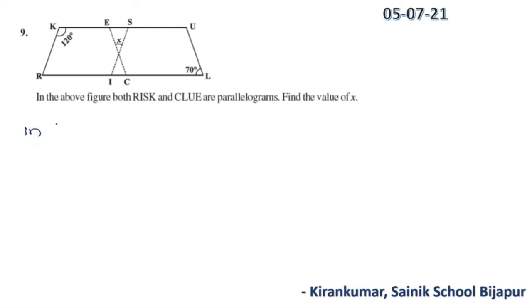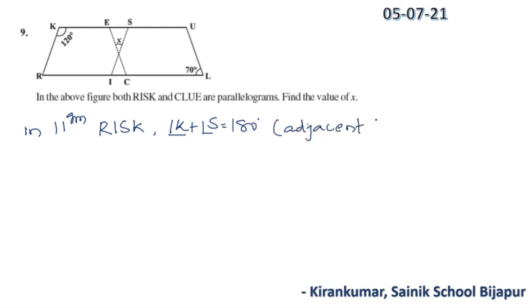In parallelogram RISK, I can take angle K plus angle S equal to 180 degrees because they are the adjacent angles. K is 120 degrees plus angle S is equal to 180 degrees. So angle S will become 60 degrees. So angle S is found.